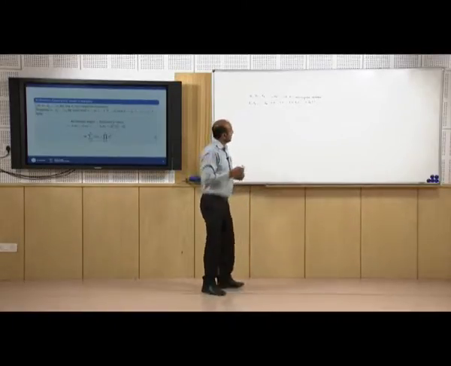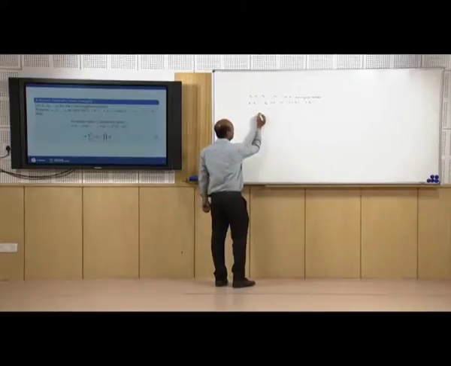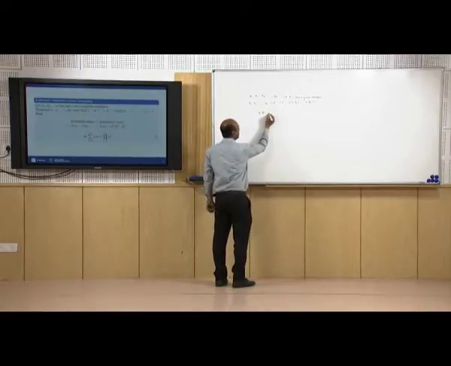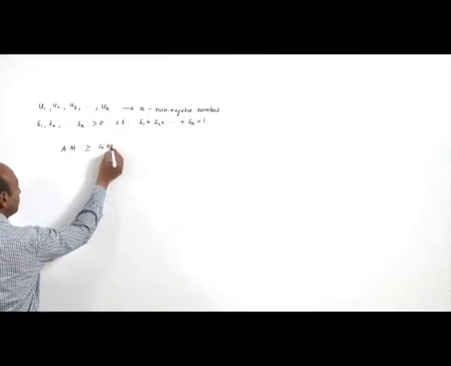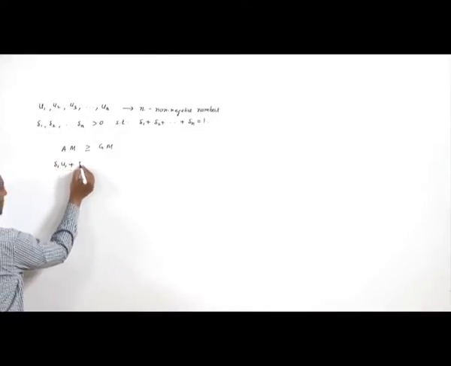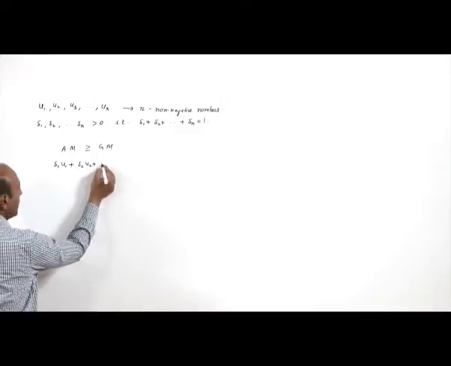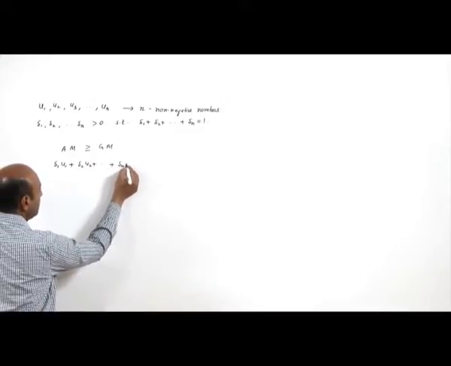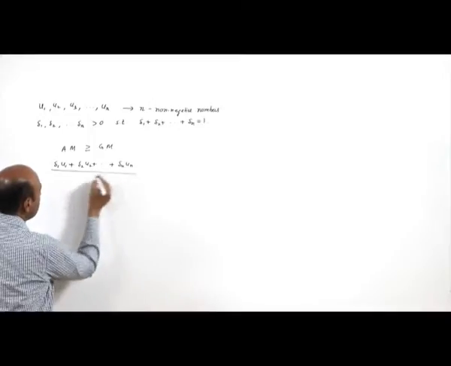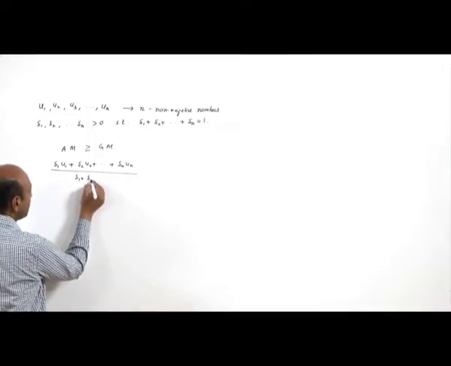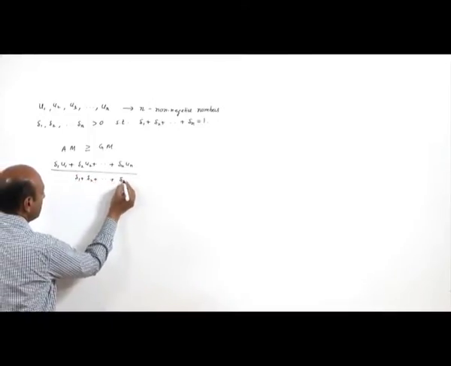We know that the arithmetic mean is always greater than or equal to the geometric mean. Now we can say these are the weights. So delta 1 u1 plus delta 2 u2 and so on up to delta n un, upon the sum delta 1 plus delta 2 and so on up to delta n, is the arithmetic mean.